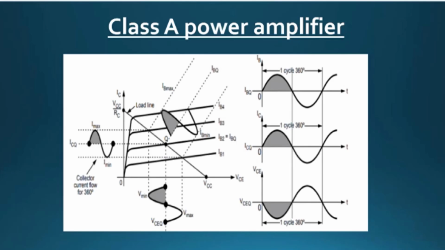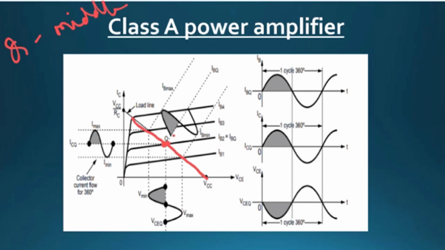For the Class A power amplifier, if you observe, this is the load line. Here, the operating point Q is in the middle of the DC load line.